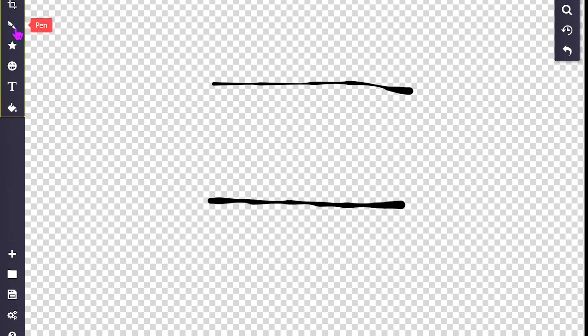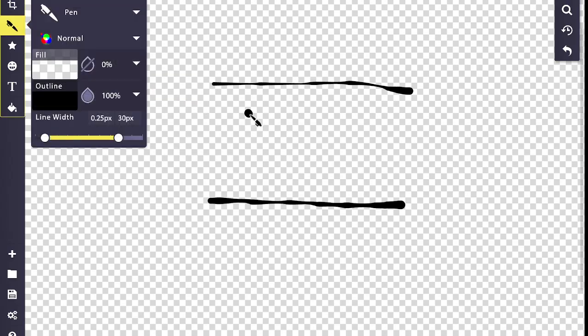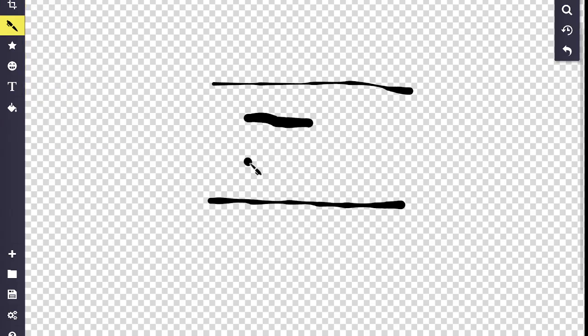Easy. I forgot another thing. Equals sign. Just put a line through it. And how do you know that this isn't the non-equal sign? Because the line is straight.